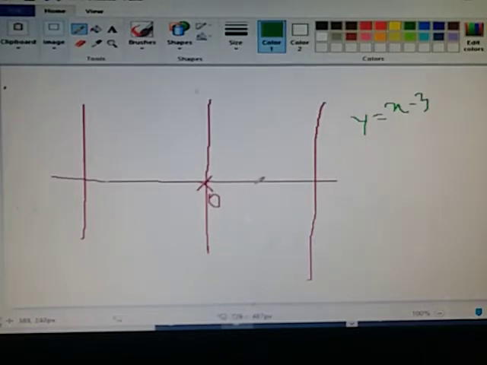So 3 is here. When x is equal to 3, y is 0, and when x is equal to 0, it is minus 3. So our graph is this one. It is a straight line graph.